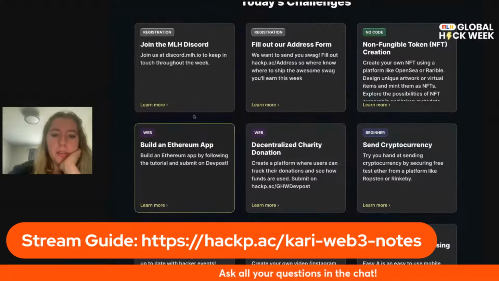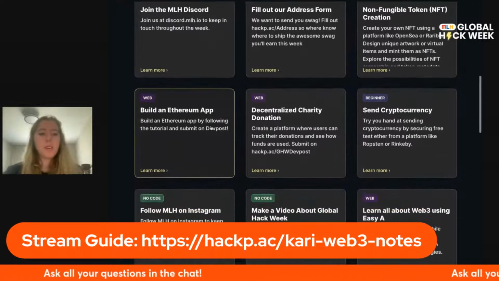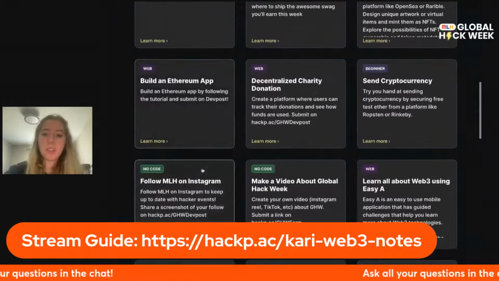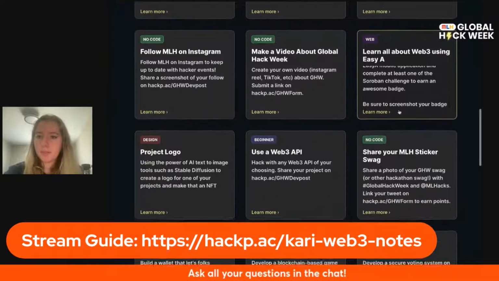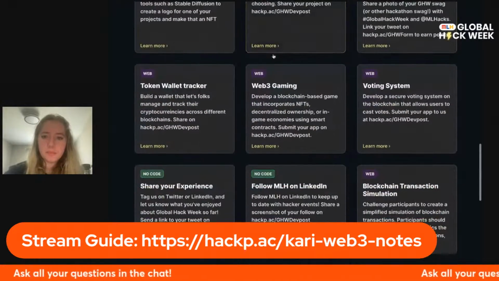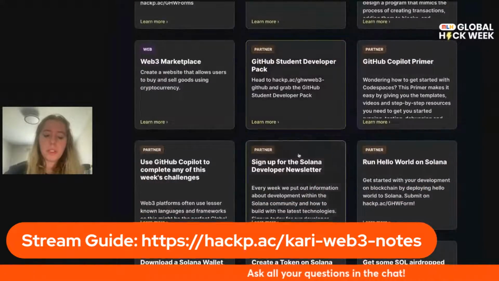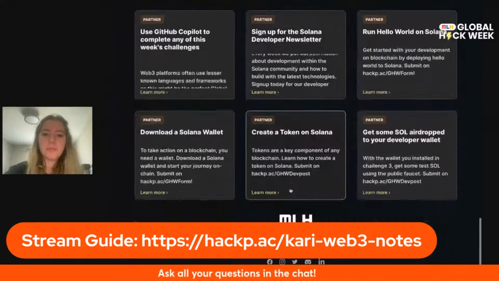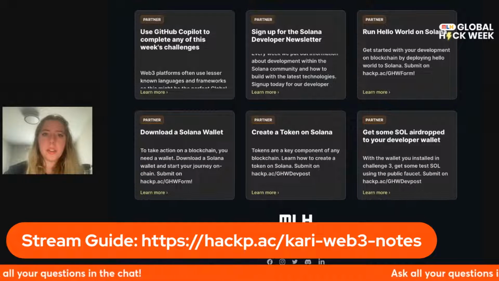We have a variety of different challenges, like, for example, an Ethereum application, one that works with Soroban, using Web3 APIs, or potentially working through the Solana Web3 development area.